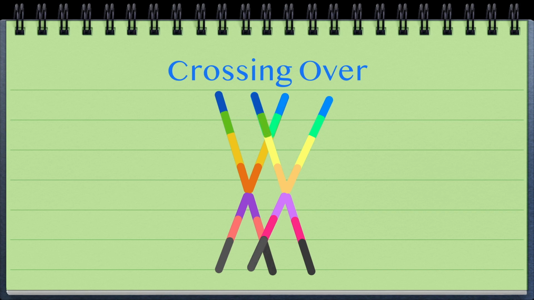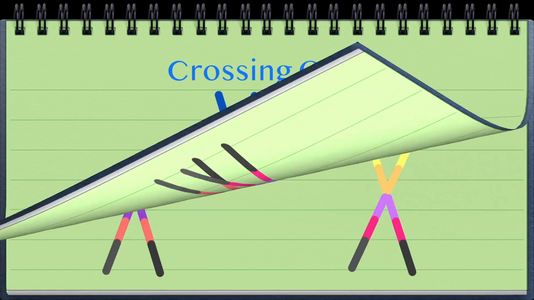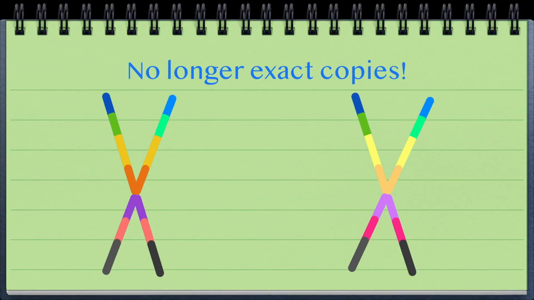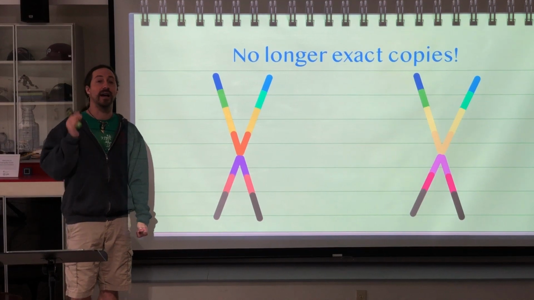So now, when they separate, you can see that they are no longer exact copies of each other. None of these chromatids is exactly the same because the homologous chromosomes have swapped some genetic information. And that gives us a lot of variation.